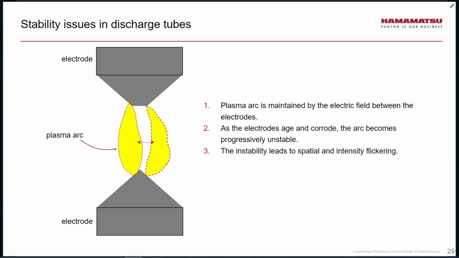Speaking about stability, these discharge tubes can have some stability issues. As the tube ages, the electrodes can corrode, and therefore the plasma arc that extends from one electrode to another can become unstable, i.e. its geometry or configuration can change and flicker.